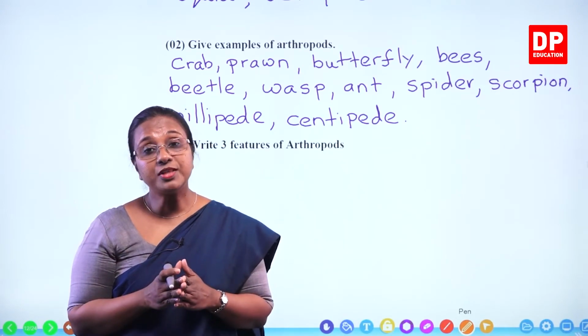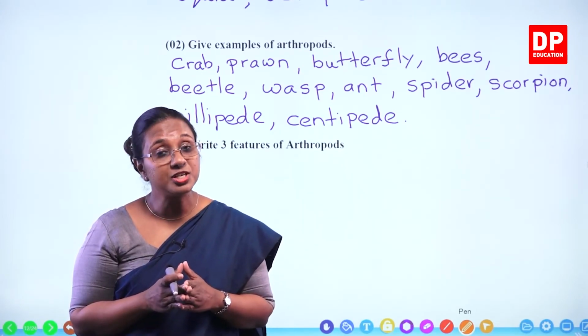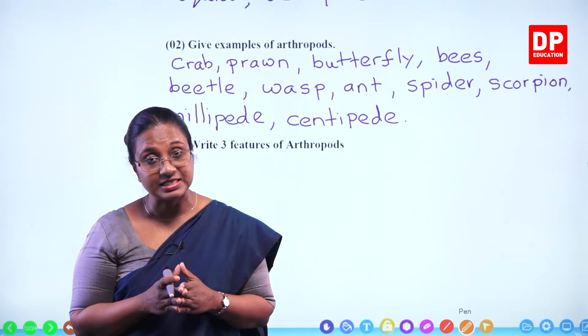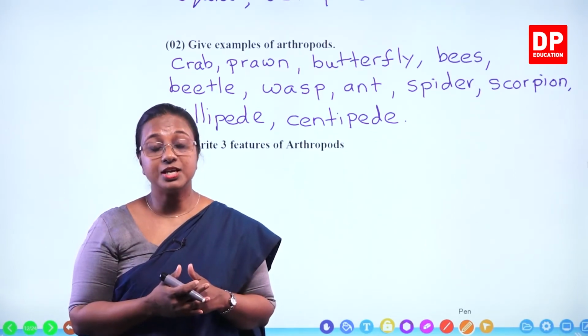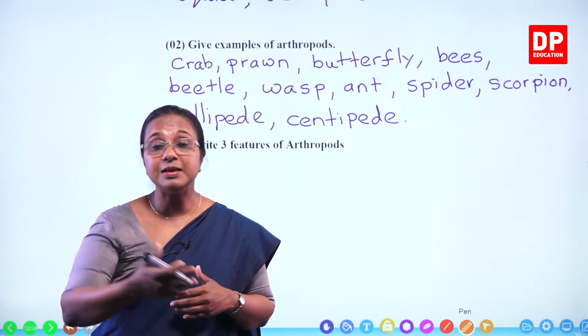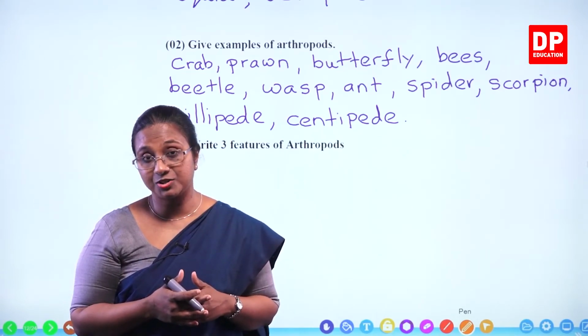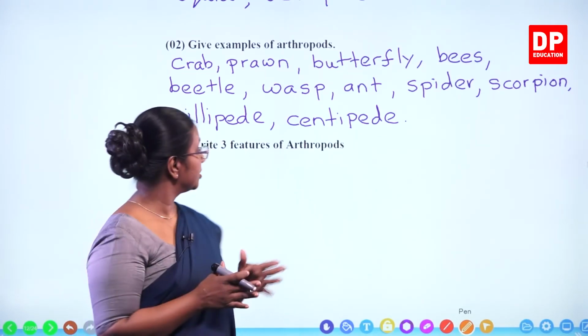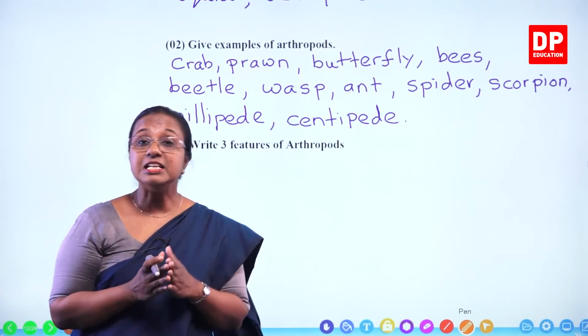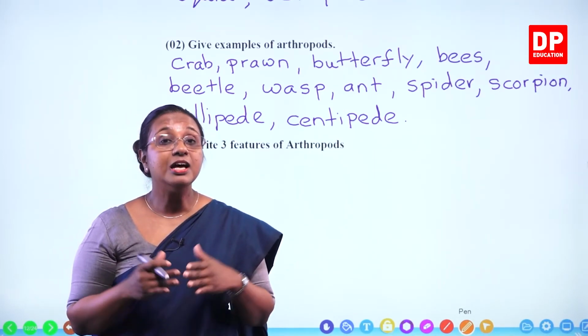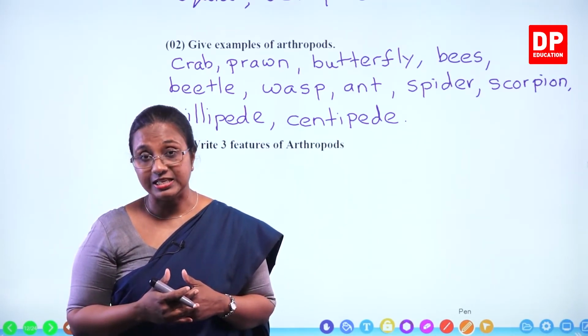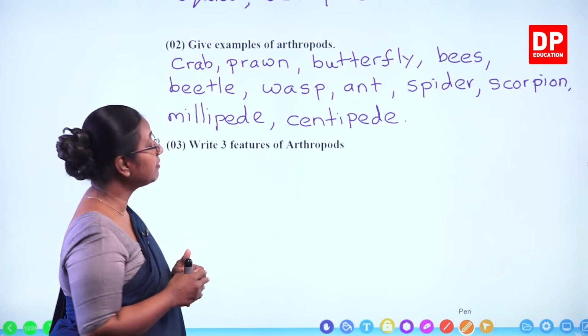And also some of the arthropods possess special structures called wings. And they show sexual dimorphism and they reproduce by sexual reproduction. Those are the features of arthropods. In addition to that, they have a chitinous exoskeleton. That is also a feature of arthropods.